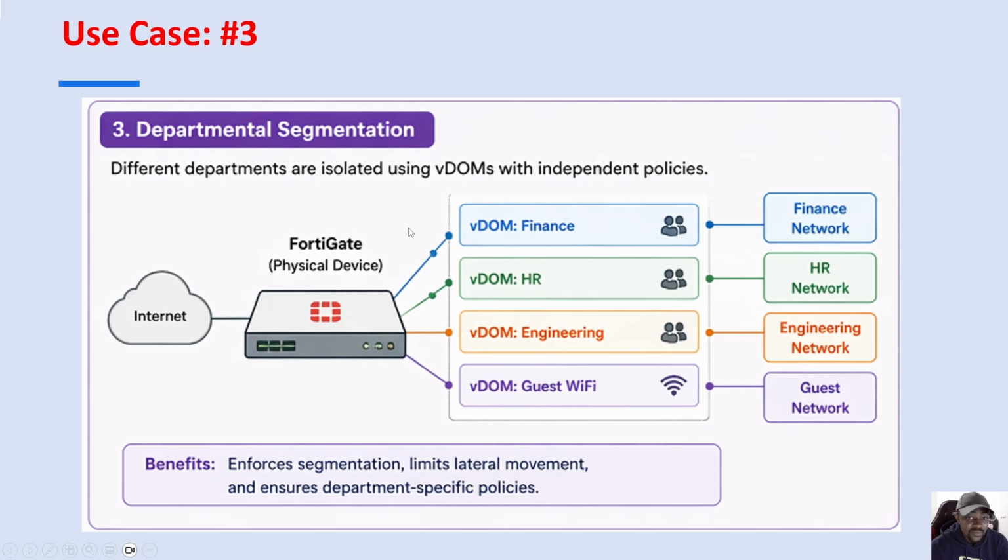At that moment, using vDOMs will be more recommended. If you need to separate the environments of finance users, HR users, engineering, and also the guest Wi-Fi, using vDOMs here would be useful.